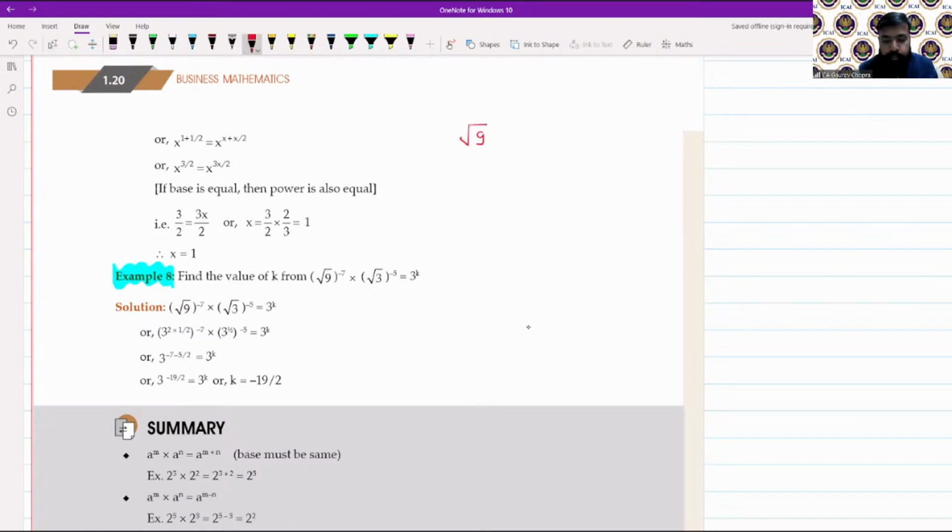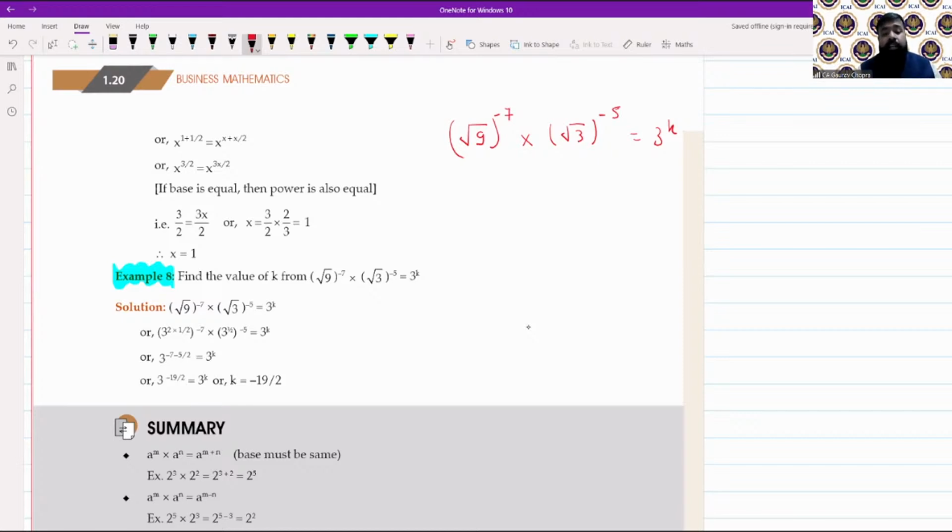Root of 9 whole to the power of minus 7 is given. Multiply by root of 3 to the power of minus 5, and it is equal to 3^k. Now we can convert everything in terms of 3. So it will be very easy for us.